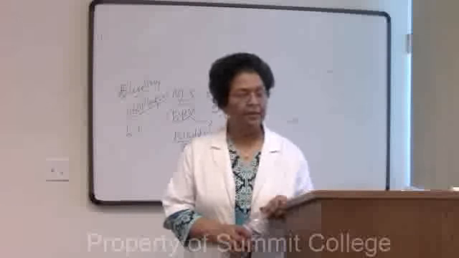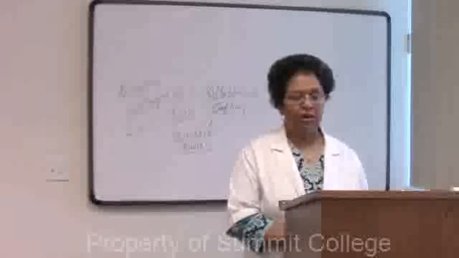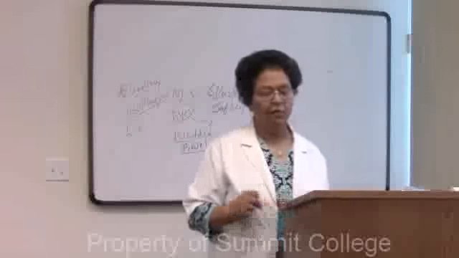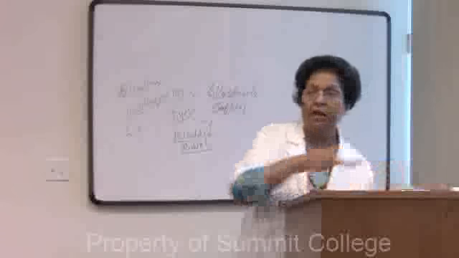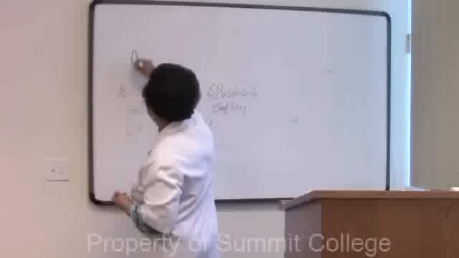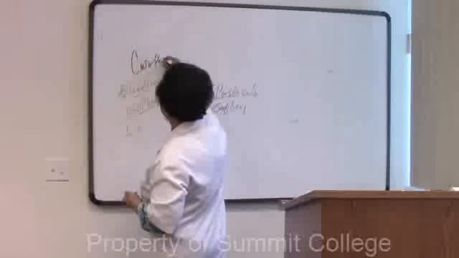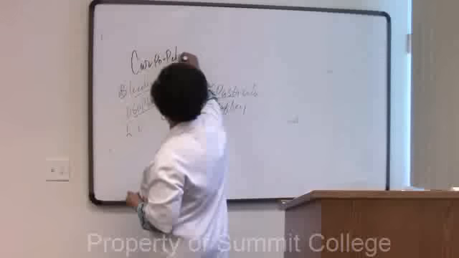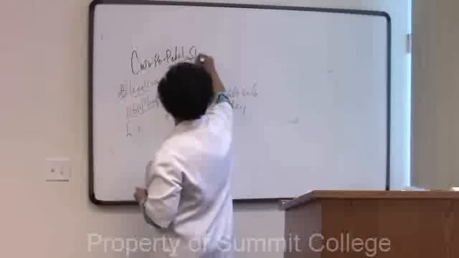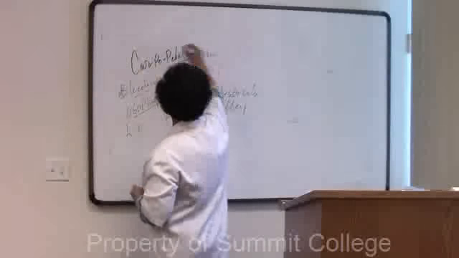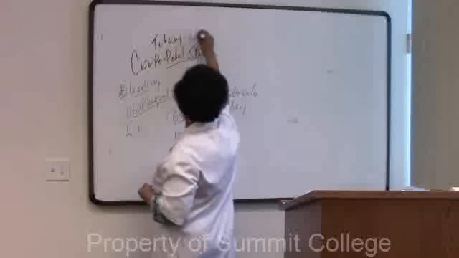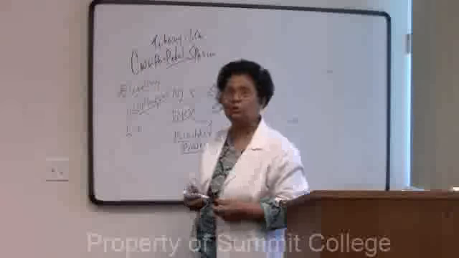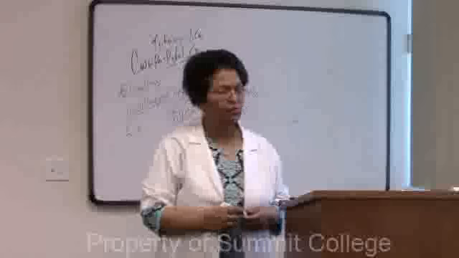Trousseau's sign, and also Trousseau's sign, you're checking where? Hand and finger spasm, and write down the word carpopedal spasm. That's important. Carpopedal spasm, and you're checking for a patient with tetany, and also write down the word low calcium. When your patient has low calcium, the sign is what?